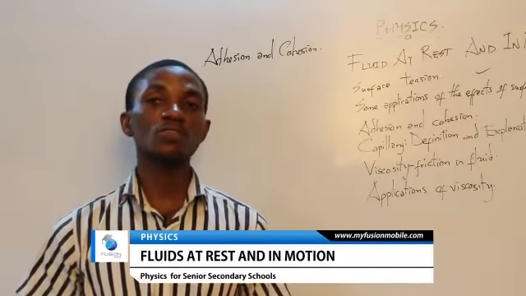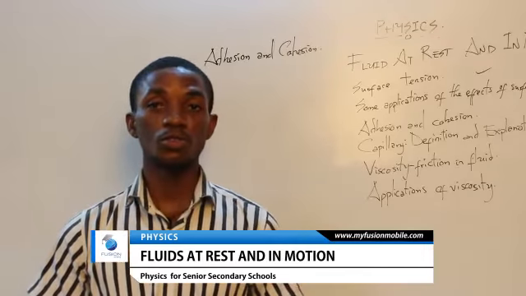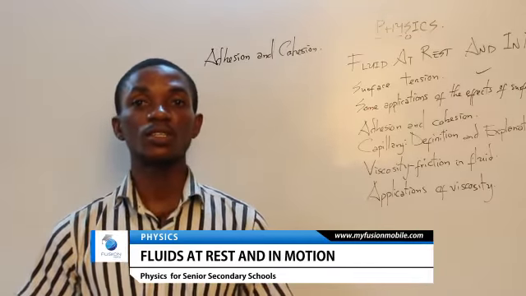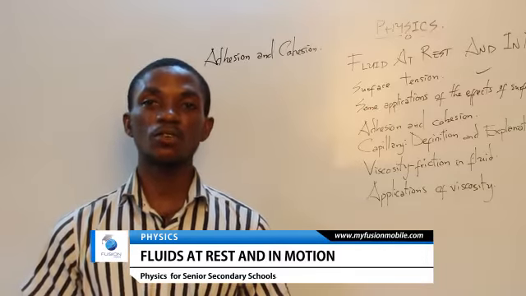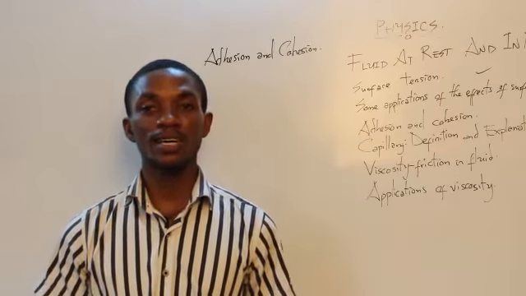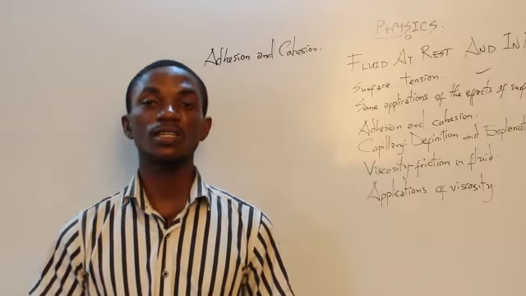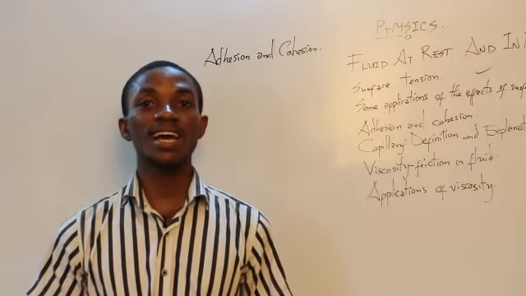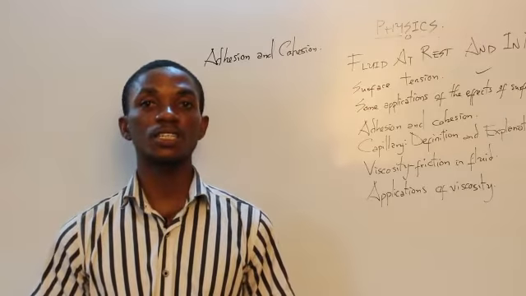We see the forces of cohesion and adhesion come to play a lot in all fluids, especially in liquids. While some fluids have a higher adhesion force than their cohesion force, as in water, some liquids have a higher cohesion force than adhesion force, as seen in mercury.